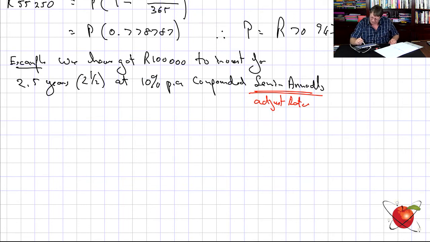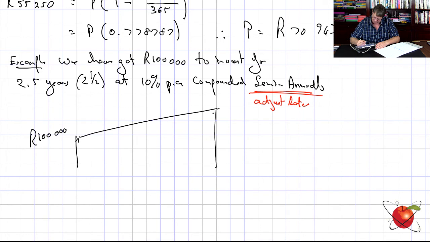Let's just put in here then our little timeline, and we say now we've got 100,000, and they want to know what do we get at the end, or whatever the situation is. It's going to grow, and we're going to say it's over 2.5 years, and calculate the amount.